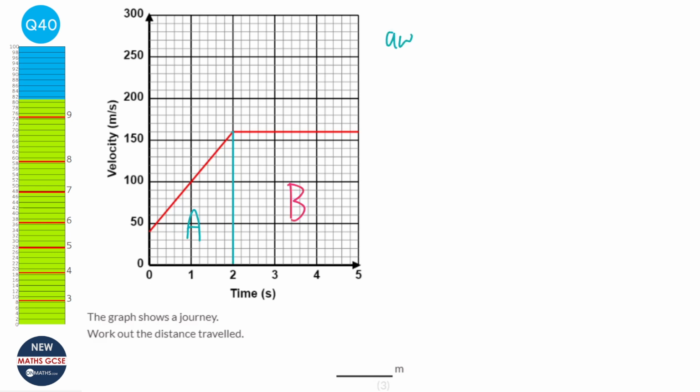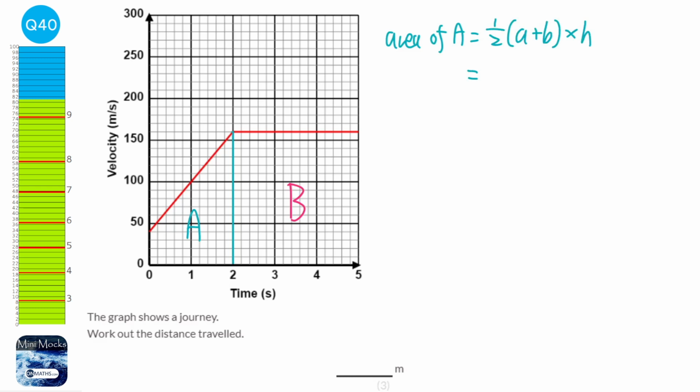So to work out the area of the trapezium, we're going to do half a plus b times the height, and the 2 parallel sides are on the left and the right, so it's going to be half times this part here, which is 40, plus this point here, which is 160, and then the height is actually the width, so the height is this bit here, so it's going to be times 2.